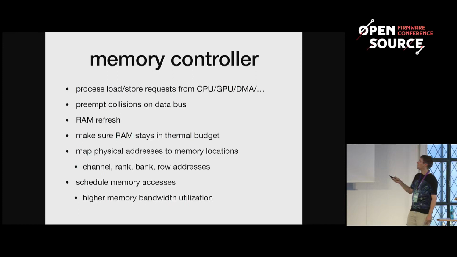Also very important is that it has to take care that there won't be collisions on the data bus, because the memory data bus is bidirectional, and when you mess up the timing between those reads and writes, it could happen that both the memory chip outputs some data on the bus and the memory controller outputs some data on the bus and they get in a bus fight, and that's not good.